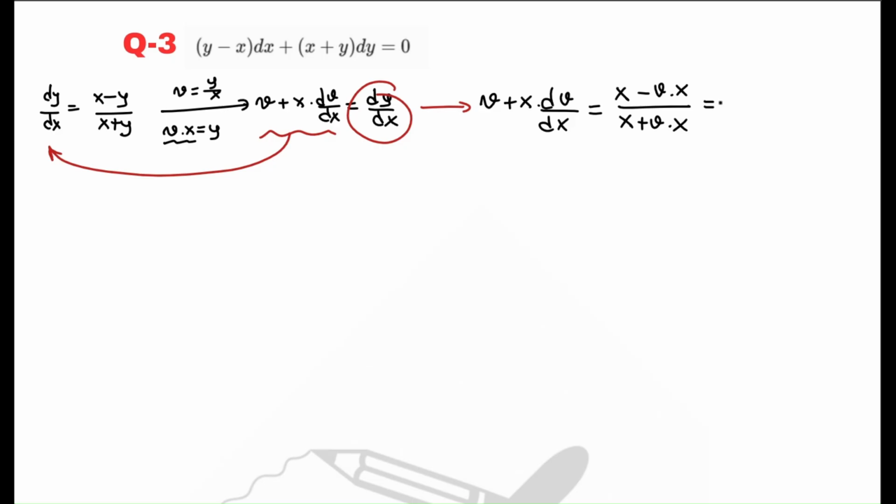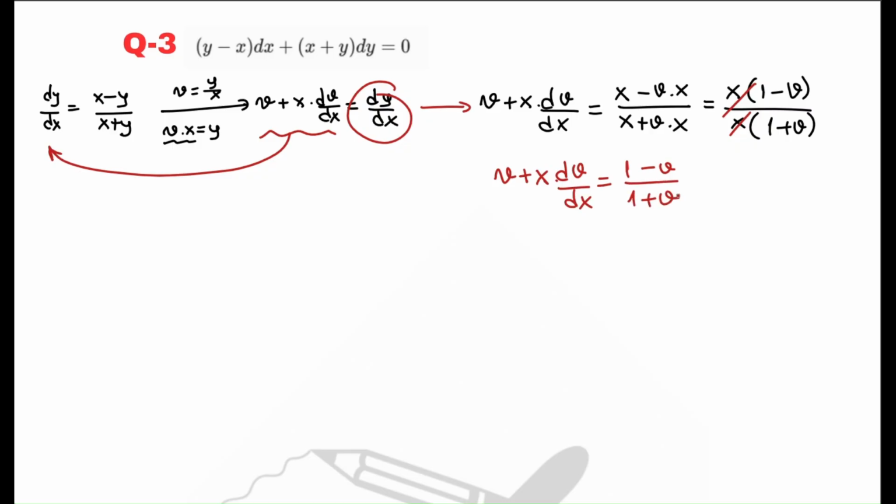And let's factor out x. So it's x times 1 minus v over x times 1 plus v. And these cancel. And what do we get? Lastly, we get v plus x times dv over dx equal to 1 minus v over 1 plus v.